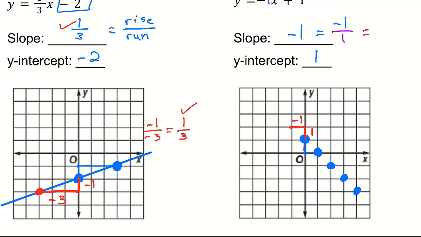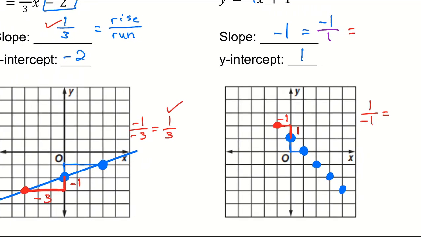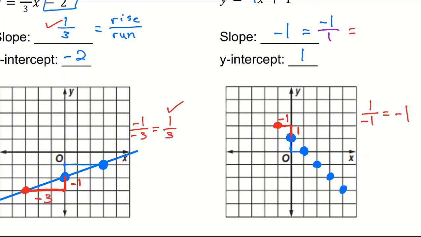And notice that's going to give me a point there. So that slope would be a rise of 1 and a run of -1. But again, what it comes down to is that every fraction is a division problem, so our slope is still -1. It didn't change that. We just did it in the opposite direction.